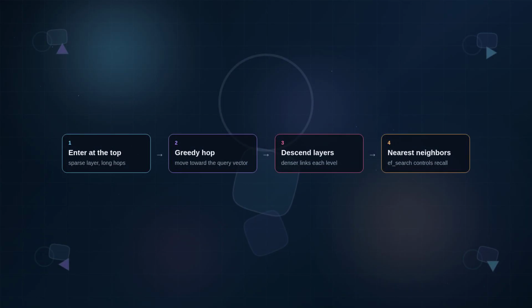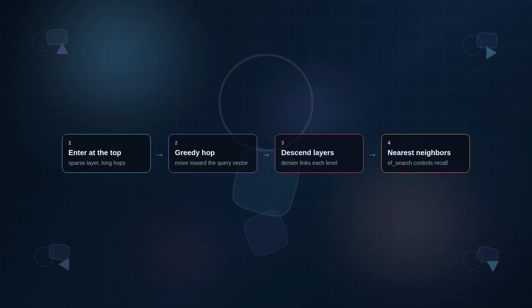Now HNSW, which has 3 knobs, 2 are set at build time and 1 at query time. At build time, you set M, the number of connections each vector keeps to its neighbors in the graph. The default is 16. More connections make the graph richer and improve recall, but they cost memory and slow the build. You also set EF construction, the size of the candidate list the builder considers as it wires up each vector.